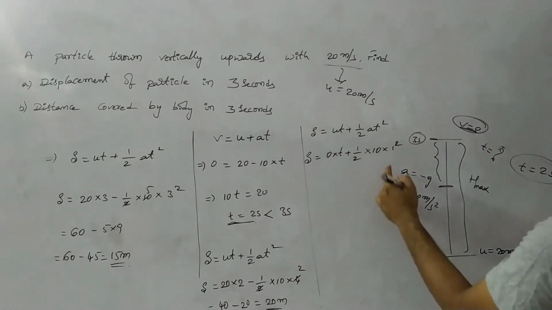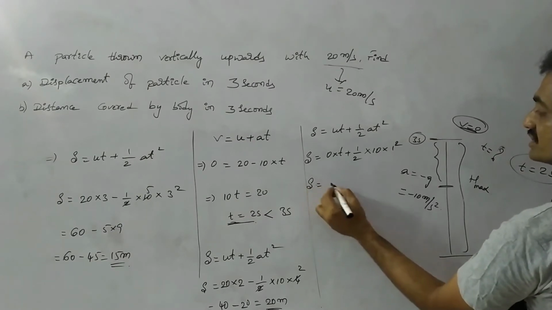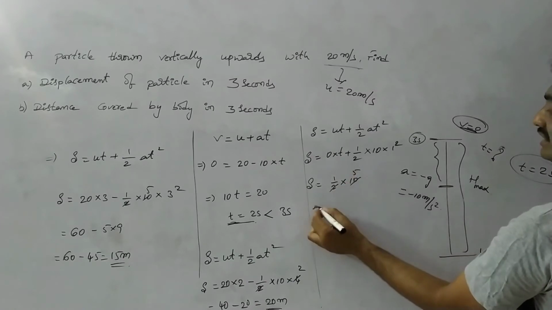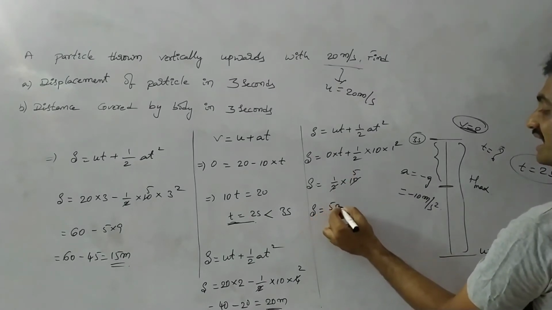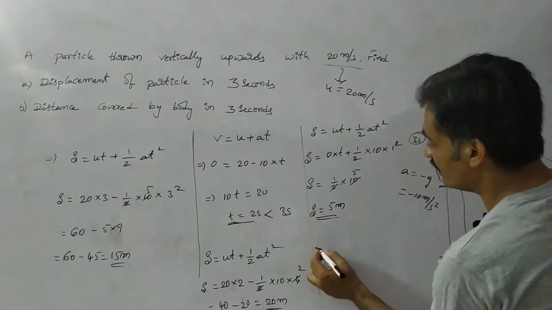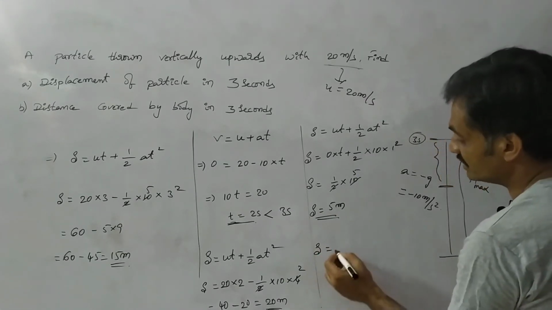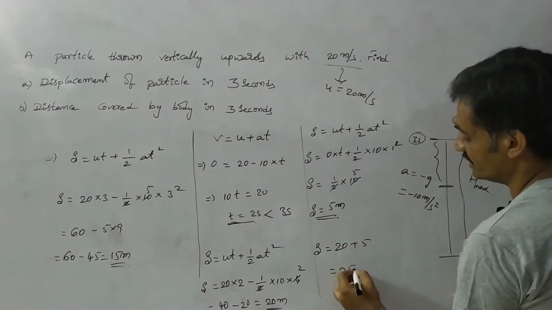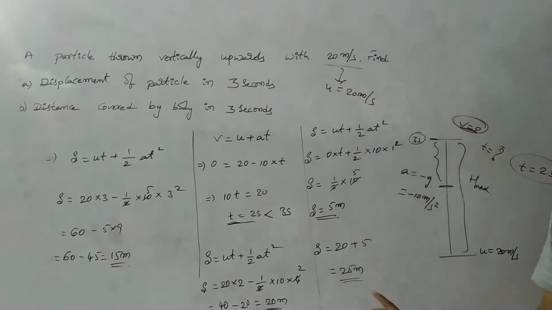So s equals 1 by 2 into 10, which is 5. In the next 1 second, the body travels a distance of 5 meters. So the total distance traveled by the body is 20 plus 5, which is 25 meters.